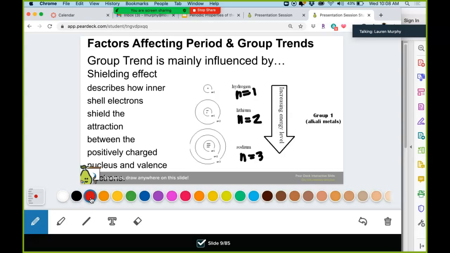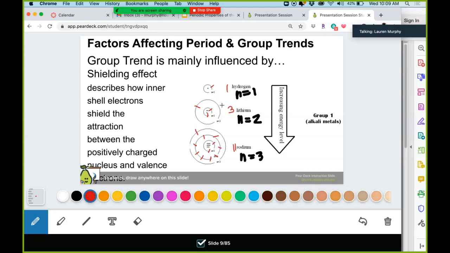Now I'm going to fill in the electrons real quick. So hydrogen has, if it has 1 proton, it has 1 electron. So this is 1. Lithium is atomic number 3. Sodium is atomic number 11. So 1, 2, 3. 1, 2, 3, 4, 5, 6, 7, 8, 9, 10, 11.